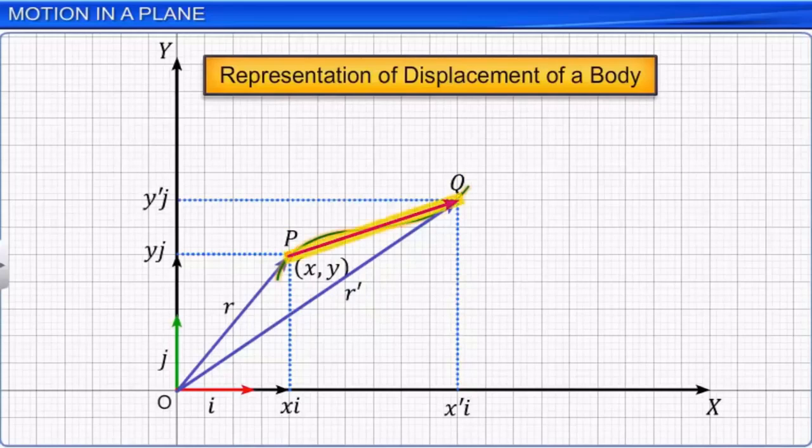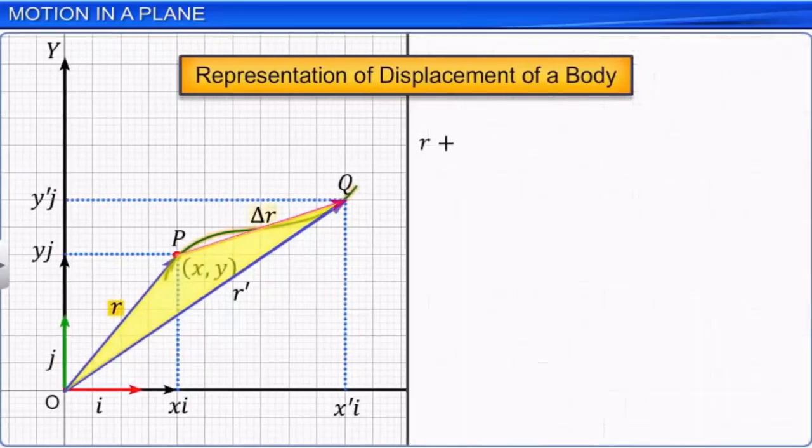From the vector triangle OPQ, we can write r plus delta r equals r dash. On rearranging, we get delta r equals r dash minus r. Let this be equation 1. This displacement vector delta r is directed from P to Q, which is represented by the arrowhead.